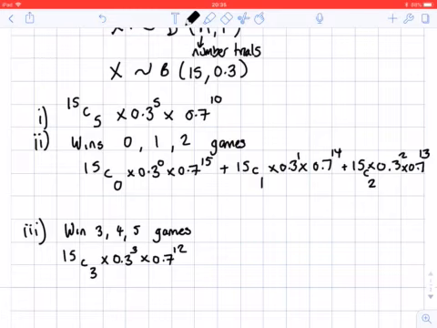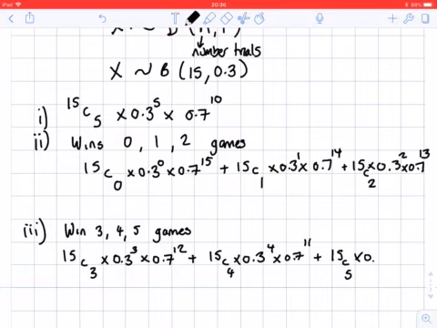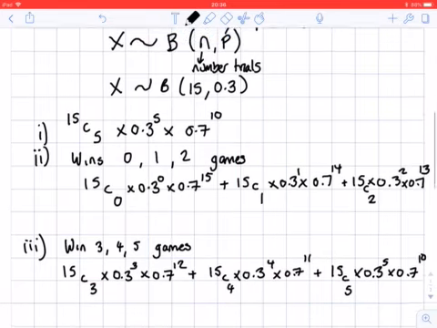So that would be 3 wins. 4 wins in any order would be 15 choose 4 times 0.3 to the 4 times 0.7 to the 11. Again, notice my powers all add up to 15. Or he wins 5 games, 15 choose 5 times 0.3 to the 5 times 0.7 to the 10. And in these cases, in parts 2 and 3, it's just reading the question really carefully.